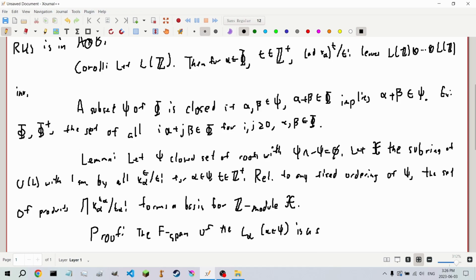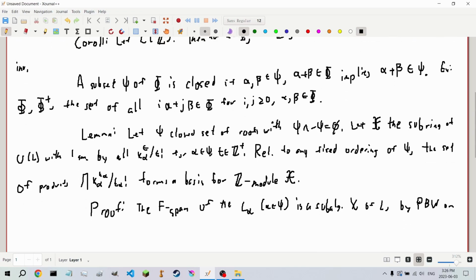We'll call it normal X of L. And by Poincaré-Birkhoff-Witt on the universal algebra of L of X, the products suggested above form a basis for our fancy X over F.